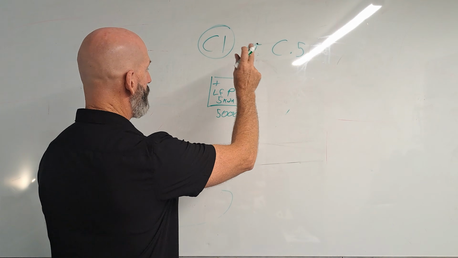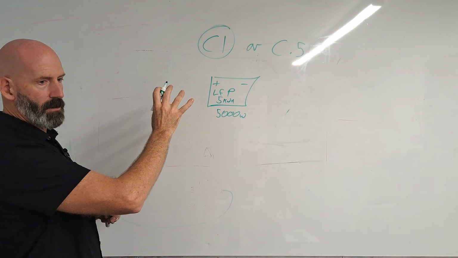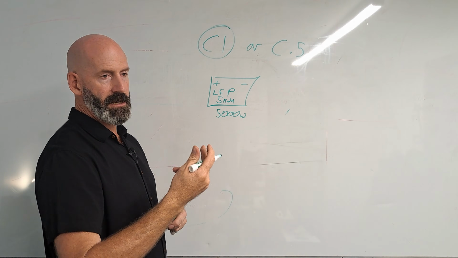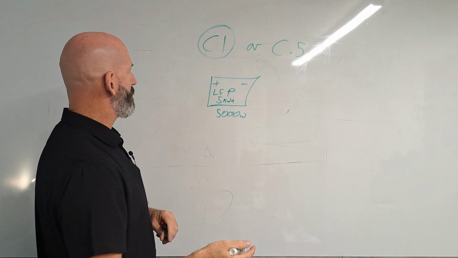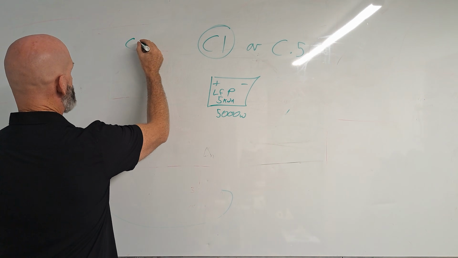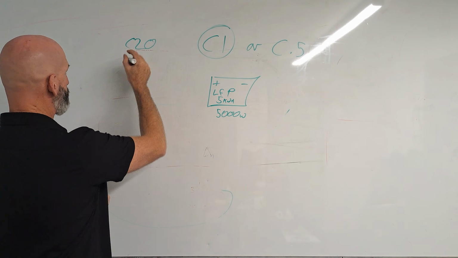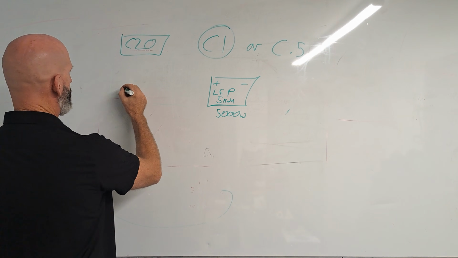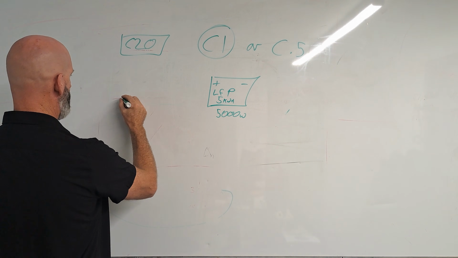Let's go to what we were talking about with the AGM batteries. You'll find that your gel, AGM, your lead acid, they all have a C rating. Generally, you're looking at C20. On a C20 rating, what that means is you need to take the capacity of your batteries.